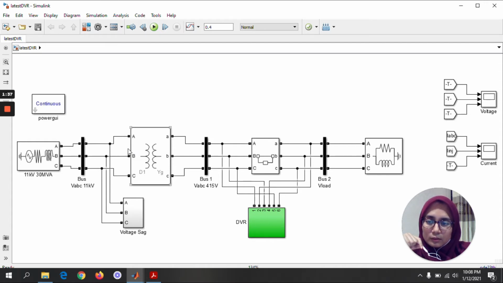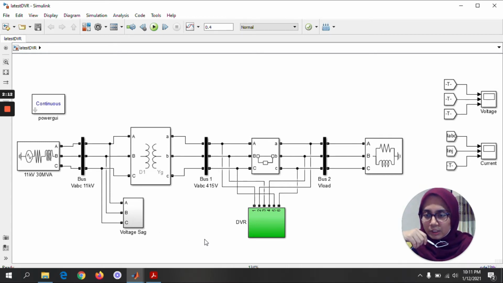Voltage sag occurs at the step down transformer caused by short circuit. So the DVR will detect and restore the sag voltage before it is delivered to the consumer load. So the consumer will get stable power. For the voltage sag and DVR controller, I will pass to my friend Nur Shahira, who will explain about it.